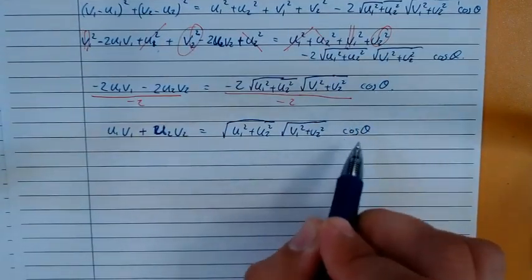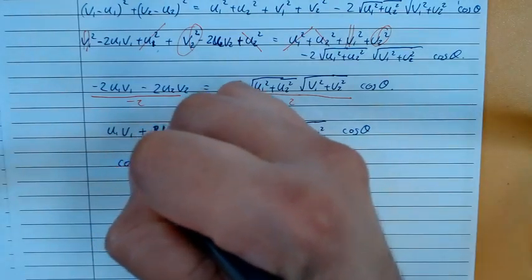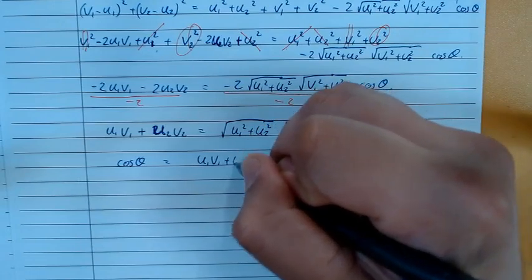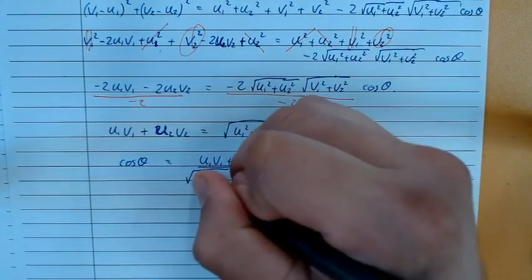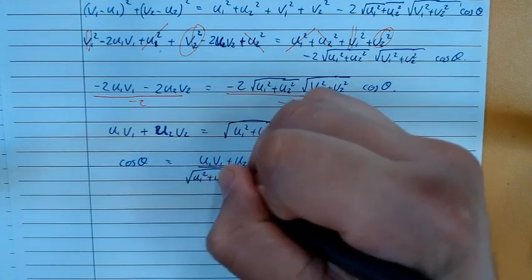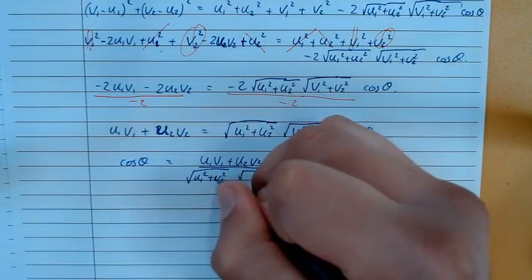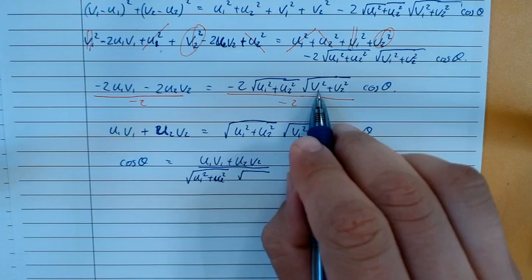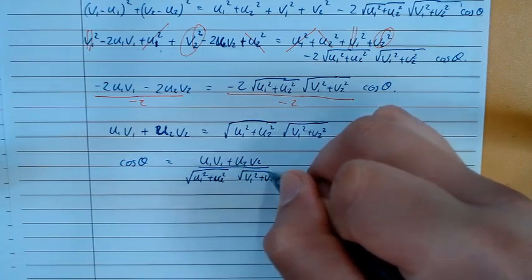All right, well, what I'm looking for is the angle theta. So I can divide these away, and what I'm left with is the cosine of theta equals u1v1 plus u2v2 divided by the square root of u1 squared plus u2 squared times the square root of v1 squared plus v2 squared.